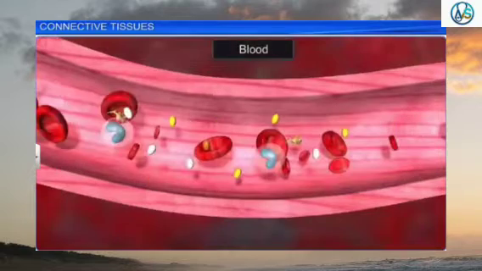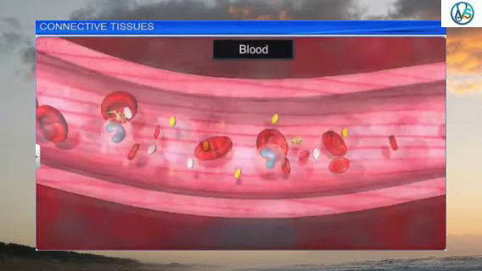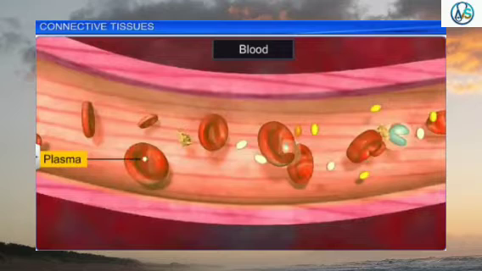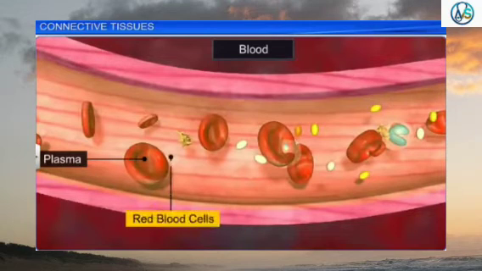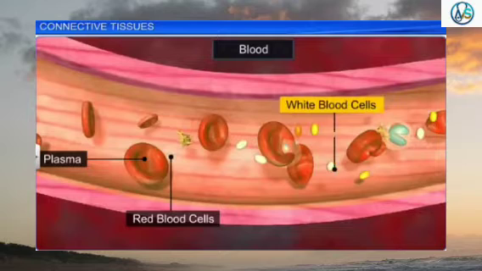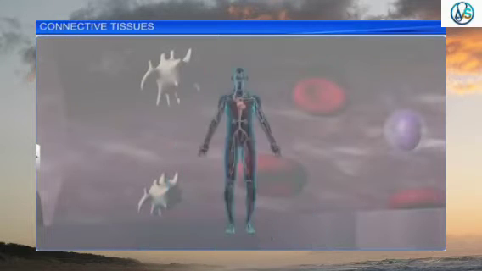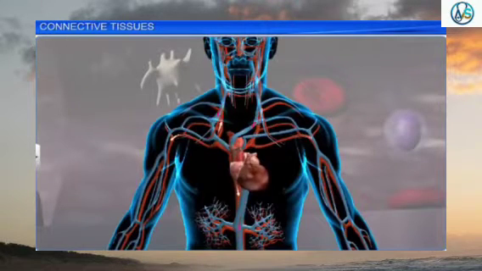The last type of specialized connective tissue is blood, which is a fluid tissue that contains plasma, red blood cells or RBC, white blood cells or WBC, and platelets. Blood serves as the main circulating fluid that transports various substances such as gases, nutrients and hormones to different parts of the body.